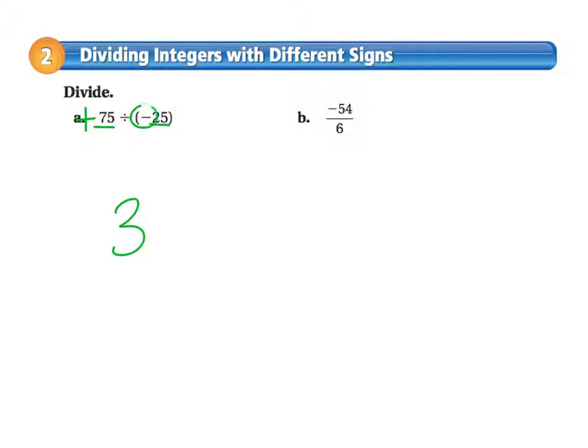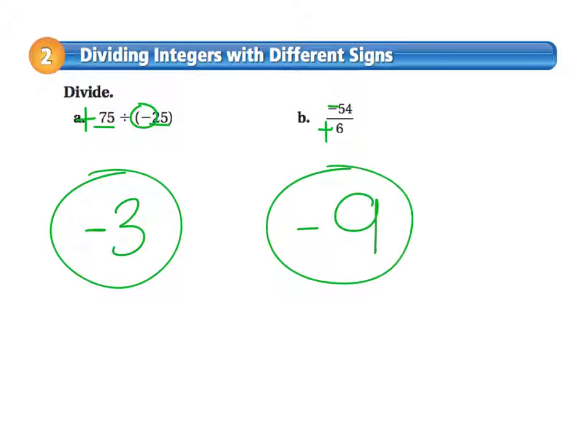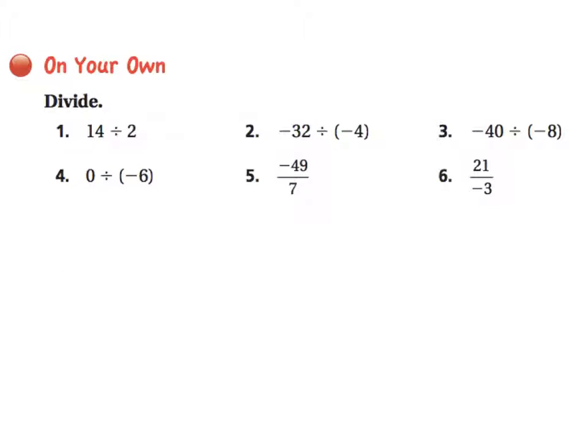One's a positive, one's a negative, which means my answer is negative. 54 divided by 6 is 9. Because one's a negative, one's a positive, my answer is negative. Go ahead and try these 6 on your own. Please pause the video, complete the problems, and then come back and check your answer.